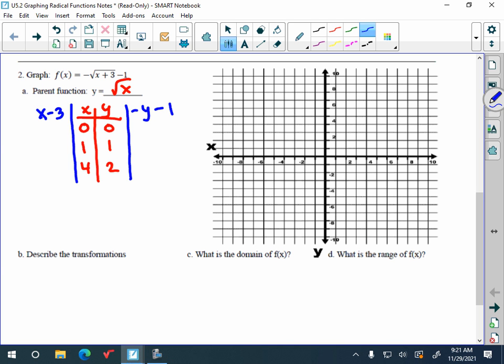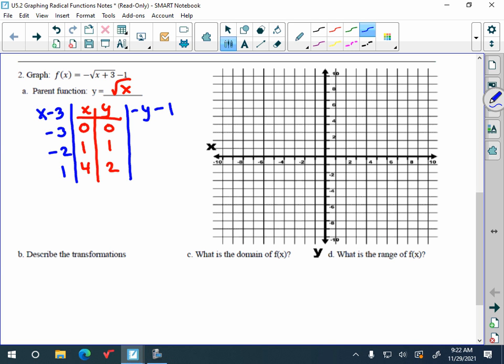All right, so plugging 0 in for x, minus 3 is negative 3. Plugging 1 in, that's going to get us negative 2. Plugging 4 in, 4 minus 3 is positive 1. All right, and then our y values, plugging 0 in for y, multiplying by the negative 1 is still 0.